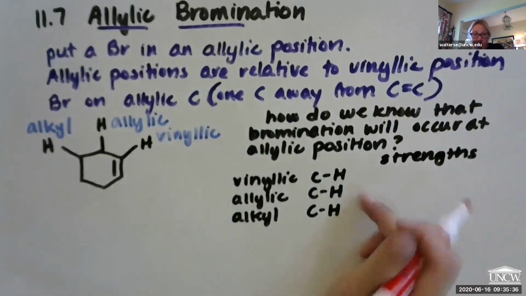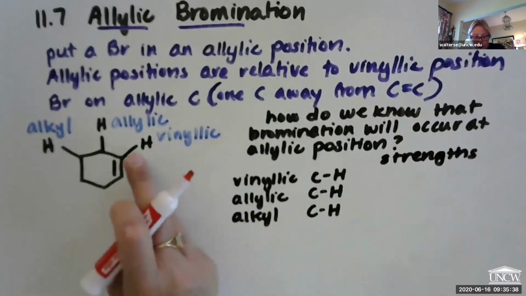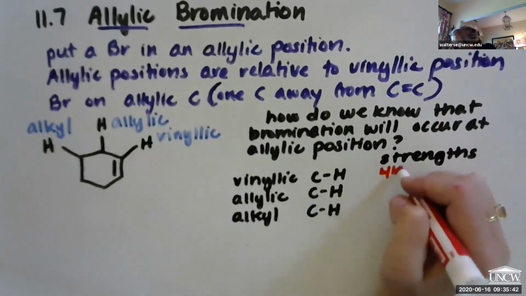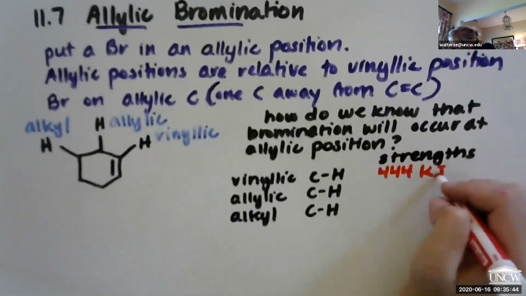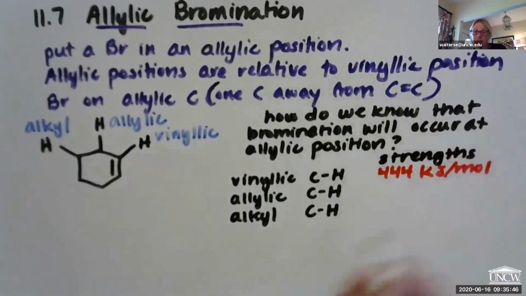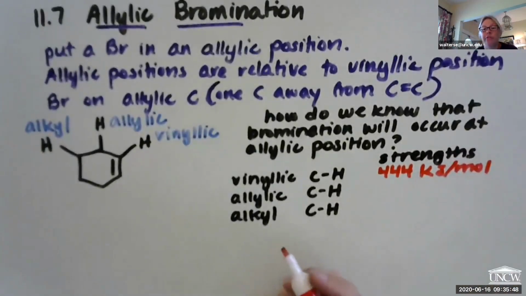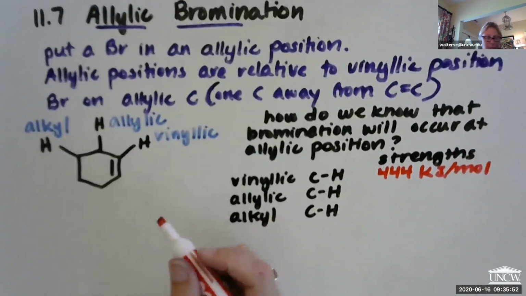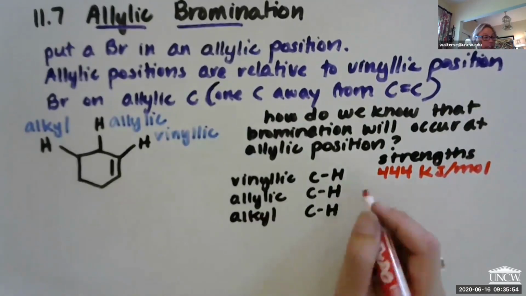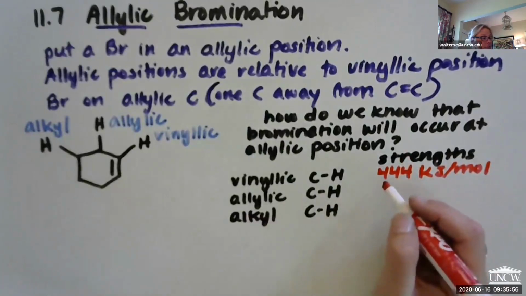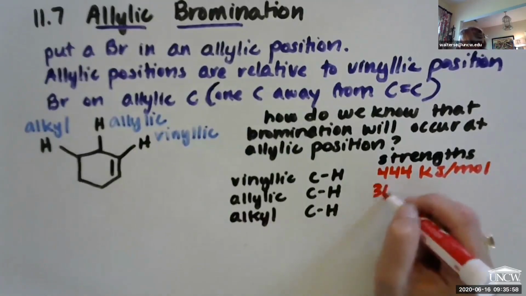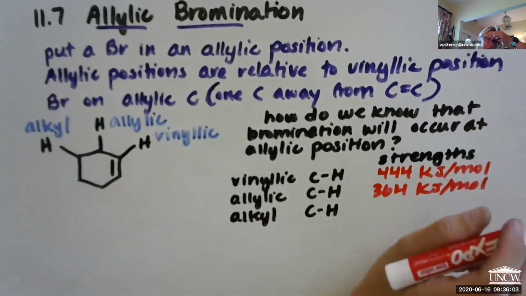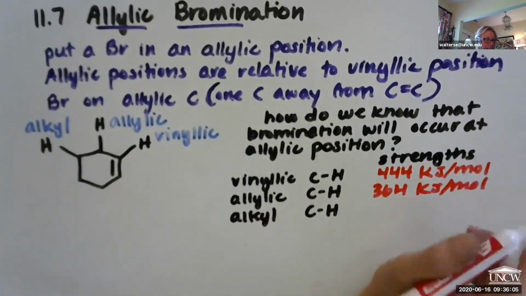Vinylic carbon to hydrogen bond. So this bond right here is 444 kilojoules per mole. Okay, so it's going to require 444 kilojoules to break that bond. Okay. The allylic, 364 kilojoules per mole. So significant, about 100 kilojoules per mole, 80 kilojoules per mole less.